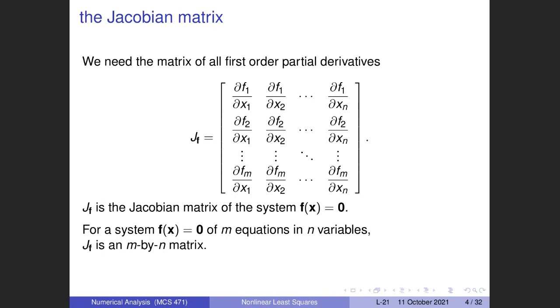And the construction of the intersection of the tangent planes will actually be defined by solving a linear system. So we have, in general, m equations in n variables. So we will have an overdetermined linear system.